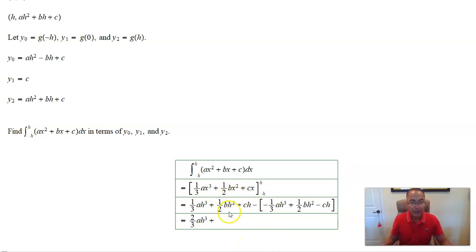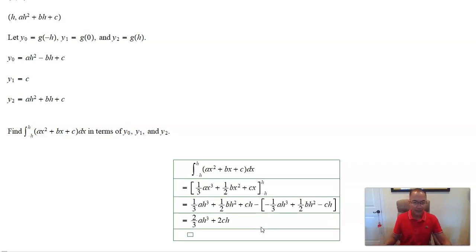Okay, what about bh squared? That's plus, but that's a minus bh squared. So the bh squared goes away. ch minus minus plus, plus ch. So that's a 2ch. Okay, so that's great, and we have done the integral.